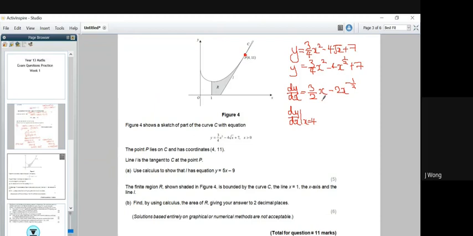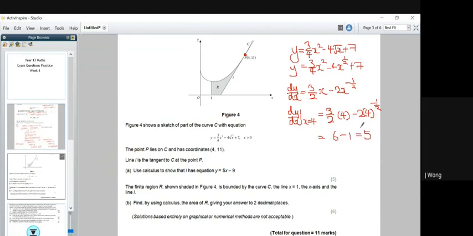And then since we would like to find the gradient at that point P, we would like to substitute the x coordinate into this, since it's just written in terms of x. Later on, in your A2 differentiation, you will notice that your gradient function is going to be written in terms of not only x, but also in terms of y.